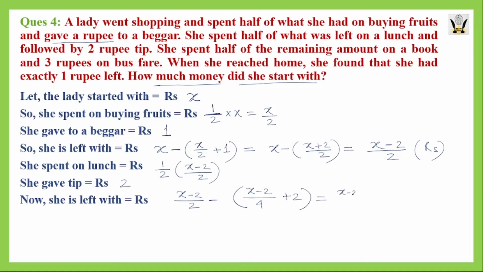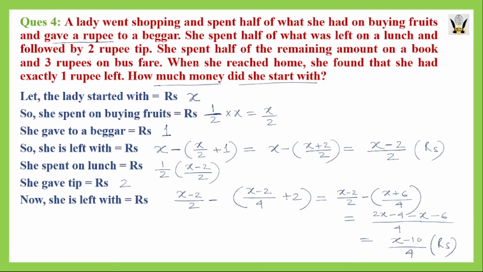So x minus 2 divided by 2, minus, if we simplify further, x minus 2, and then 4 2s are 8. So it will be x plus 6 divided by 4. So finally it will be 2x minus x means x, minus 4 minus 6 means minus 10, divided by 4. So this much rupees she will be left with now.